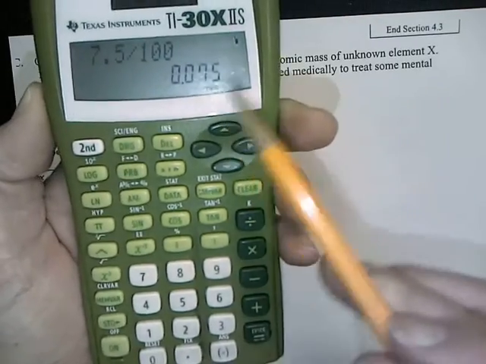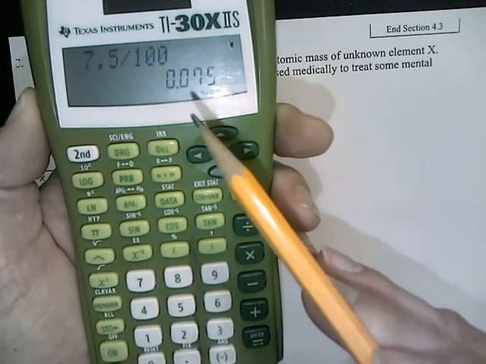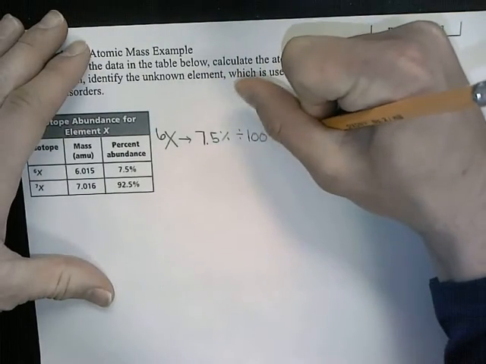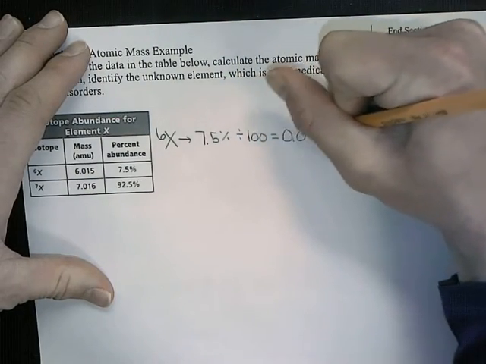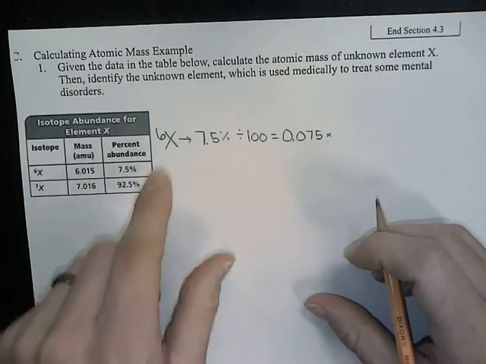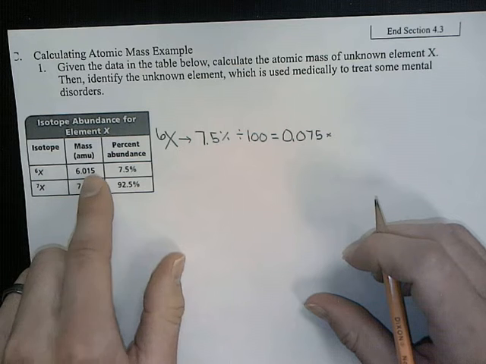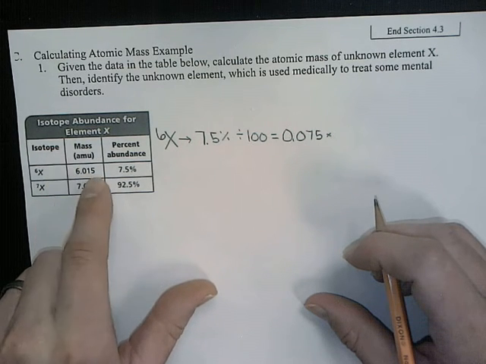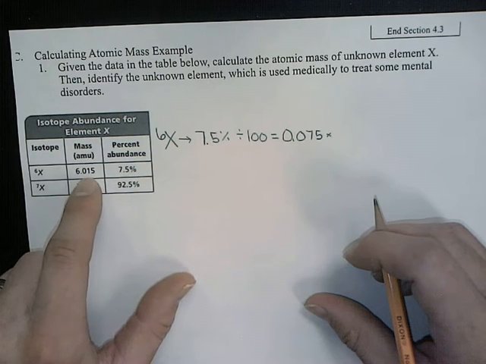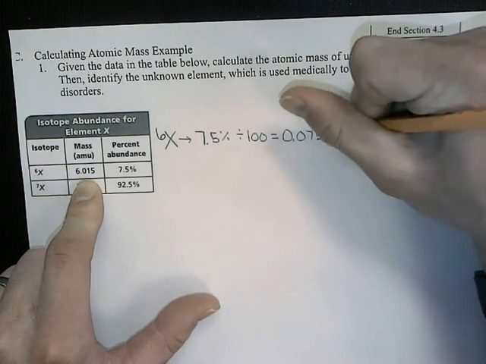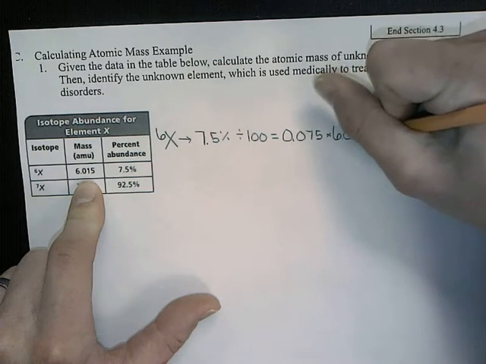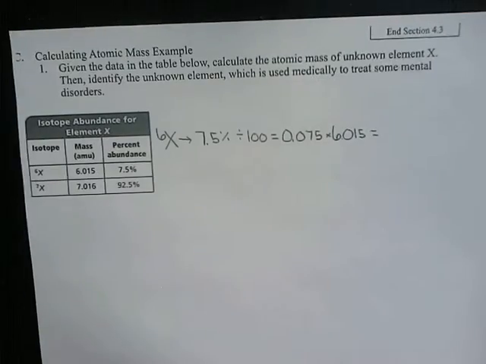Well, we're going to write down this decimal number. So 7.5% is equal to 0.075. Now, very important here, because we multiply by the exact atomic mass that is given. And it has to be very particular. It is this atomic mass. So we multiply by 6.015, and I'm going to plug that into my calculator.